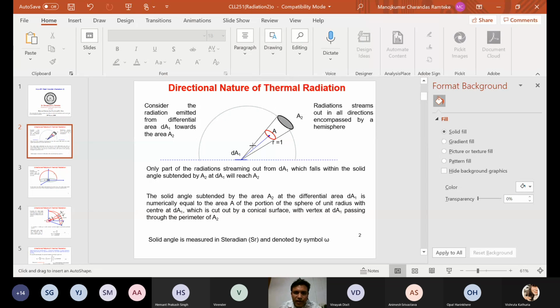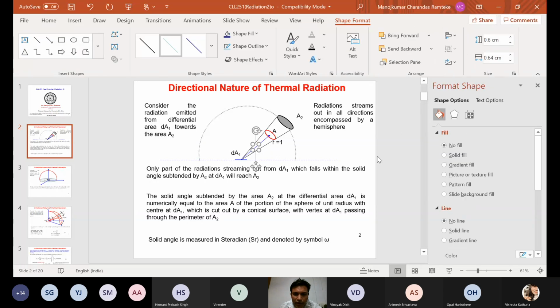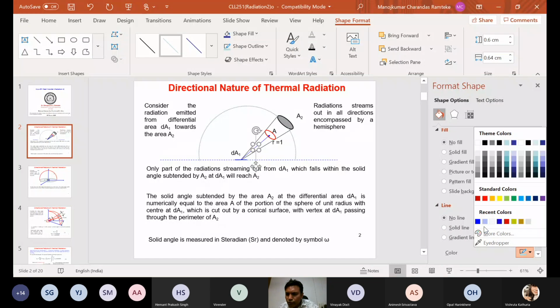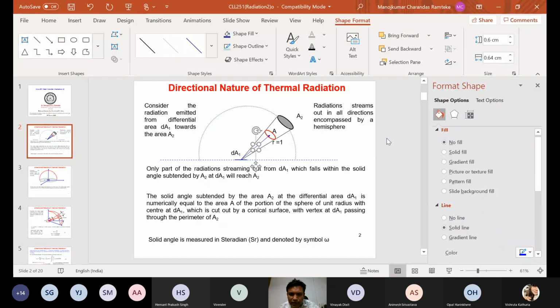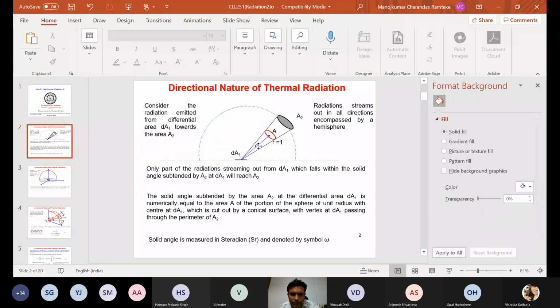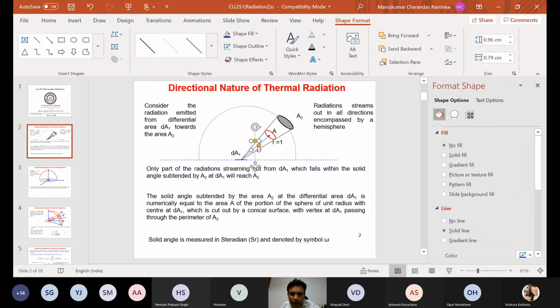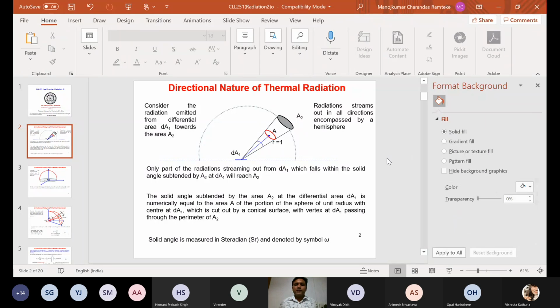I will check the definition one more time, but what you are saying is correct. But this particular angle is going to be the solid angle. That is why the unit is steradian. Okay, I will check what the correct thing is, but this angle should be the solid angle.